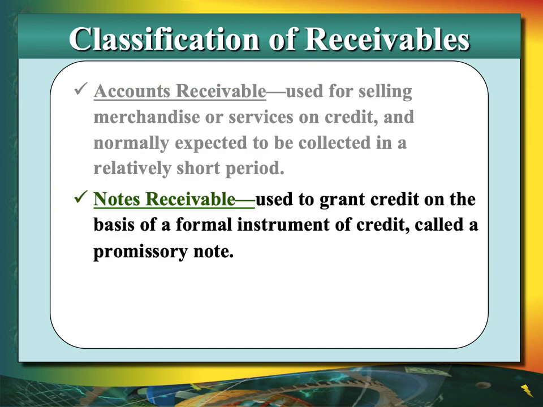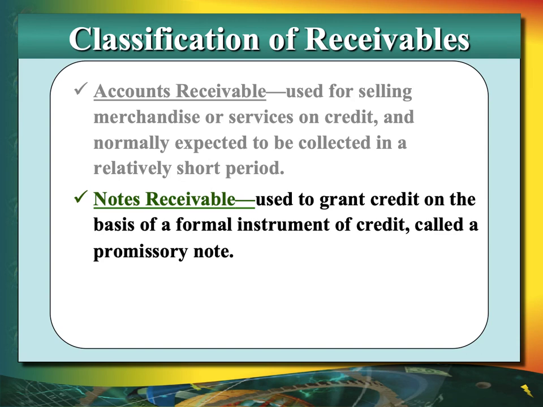Okay, sometimes you mix up accounts receivable and notes receivable. Notes receivable is normally used to grant credit on the basis of a formal instrument of credit called a promissory note.